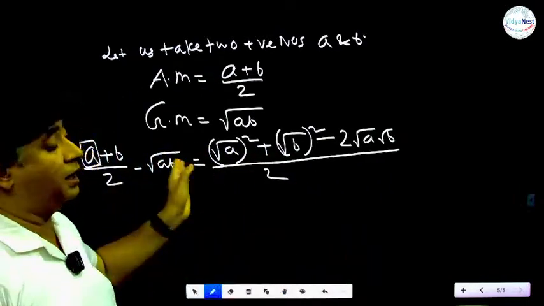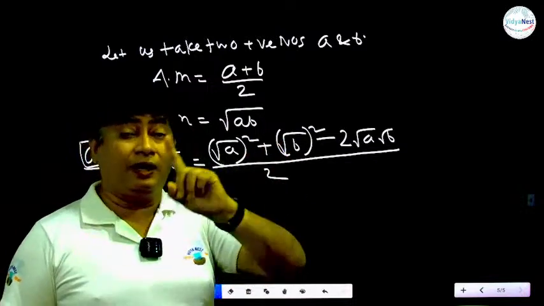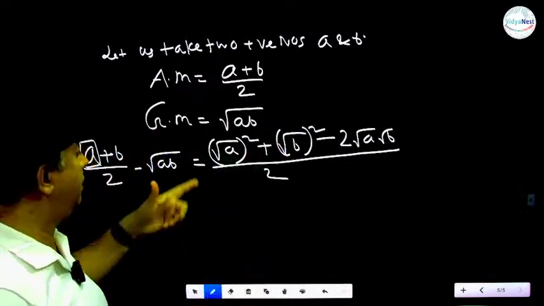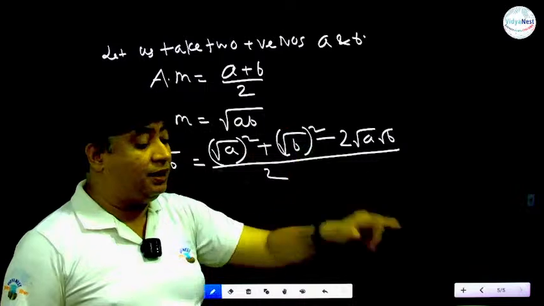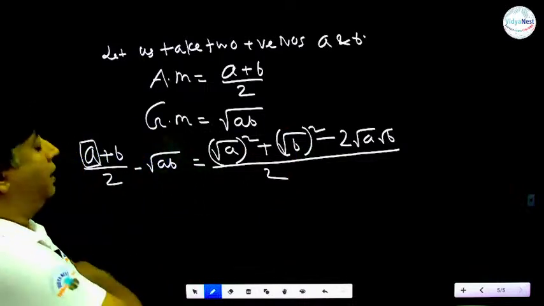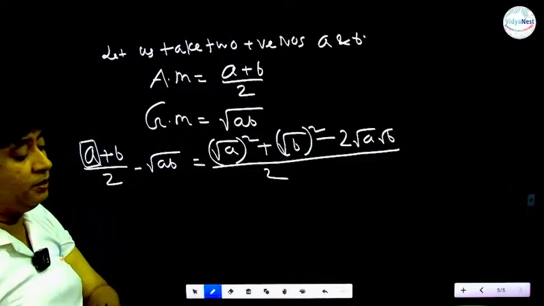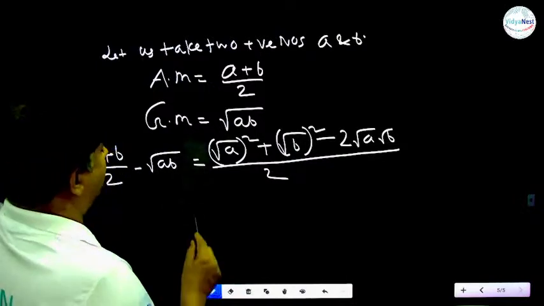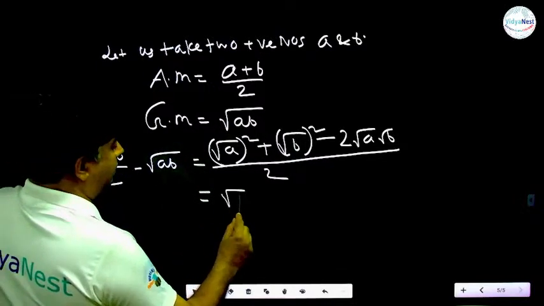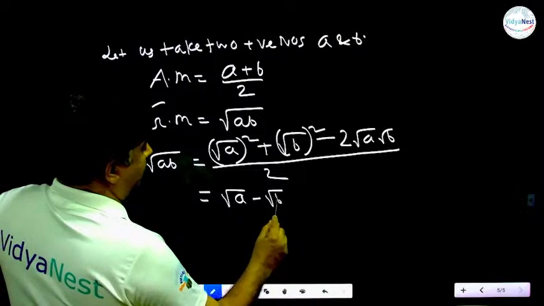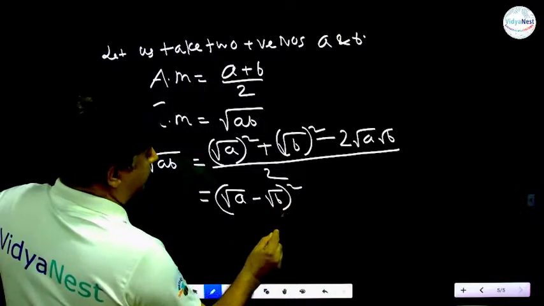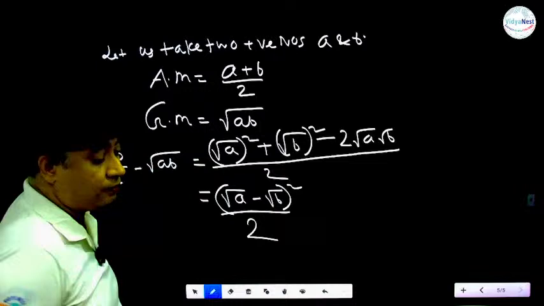Now, this will remind us of what formula of junior class? A square plus B square minus 2AB. So, that will be root A minus root B whole square by 2.